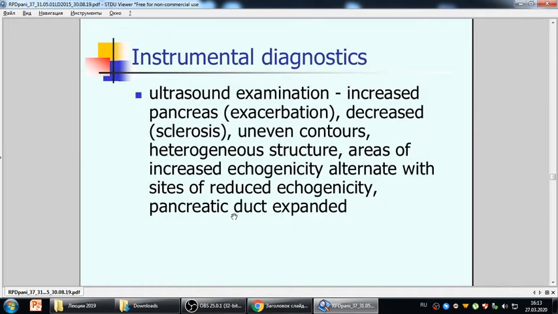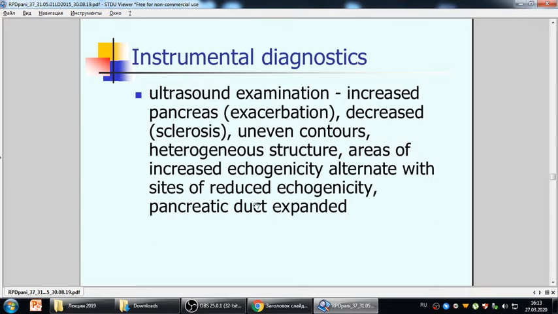Instrumental diagnosis. In ultrasound examination we see an increase of the pancreas in exacerbation, and also we see sclerosis.